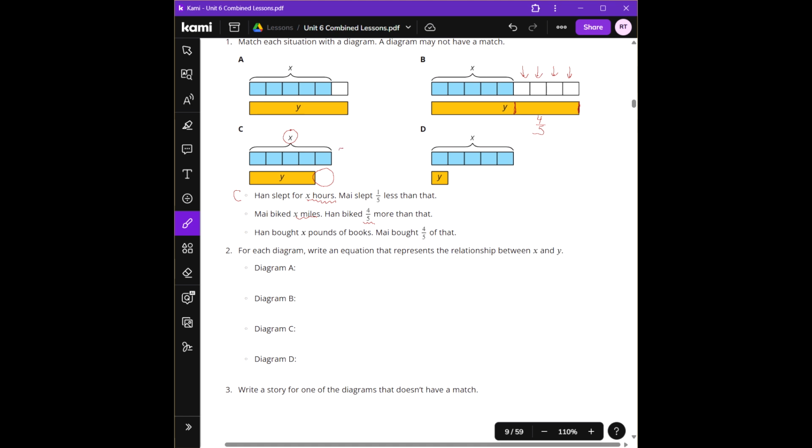So this whole thing is 5/5. And then May bought 4/5 of that. So this is 1, 2, 3, 4. So this is my 4/5 of the total number X here. So this is C and this is B.